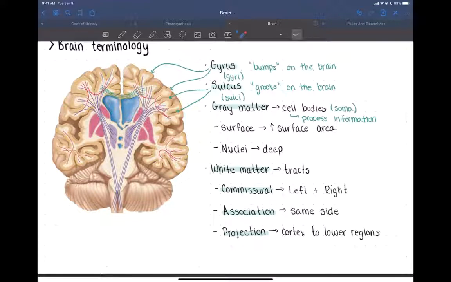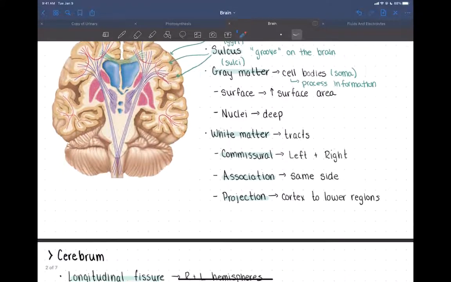Then you can have areas of gray matter that are deeper. In this picture, they're colored this pinkish color and this purple color. Those are called nuclei. Remember, collections of cell bodies in the CNS are called nuclei, so those are deeper.